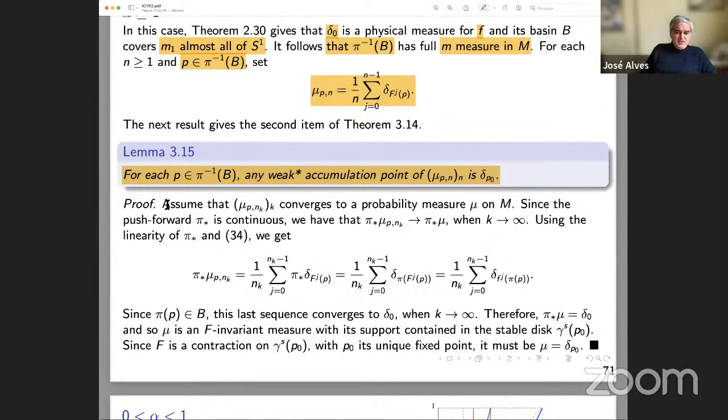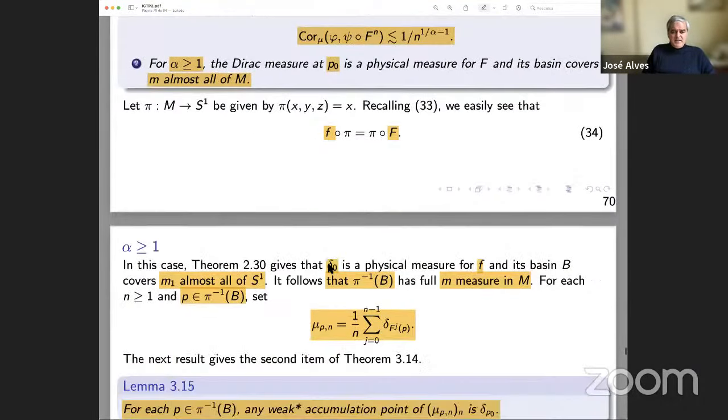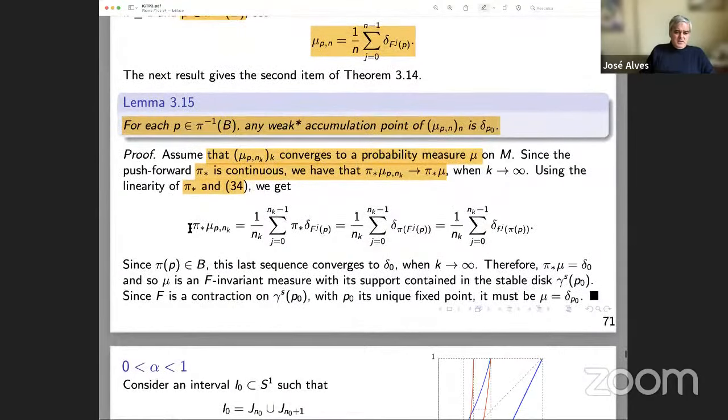So assume that it converges to a certain measure, and since the push forward is continuous, the push forward of this sequence converges to the push forward of the measure it is accumulating. The push forwards are linear, and 34 is this fact that pi semi-conjugates.